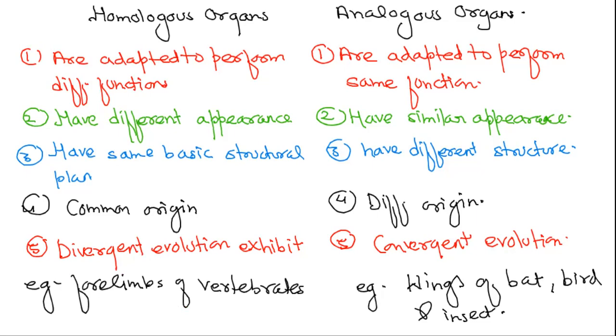How are limbs homologous, beta? Ma'am, since they perform the same function, and forelimbs of whales act as flippers. No, these are different. Ma'am, actually, I am very confused since I am learning about this topic for the first time. Oh, no issue.